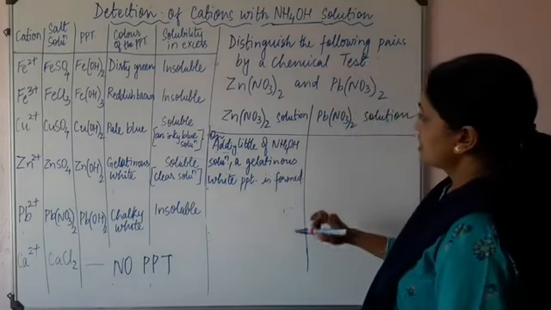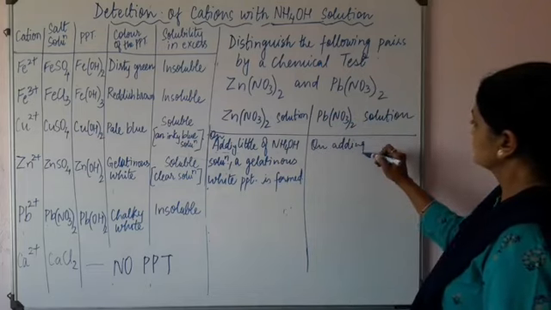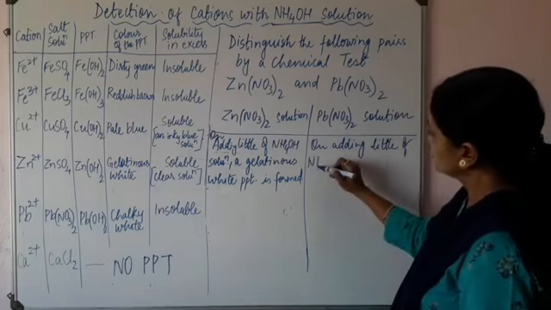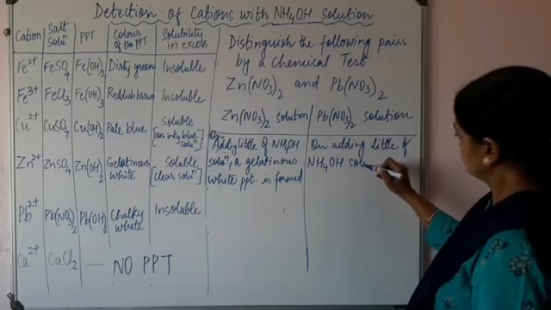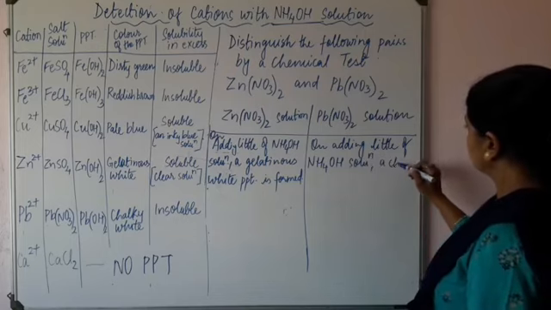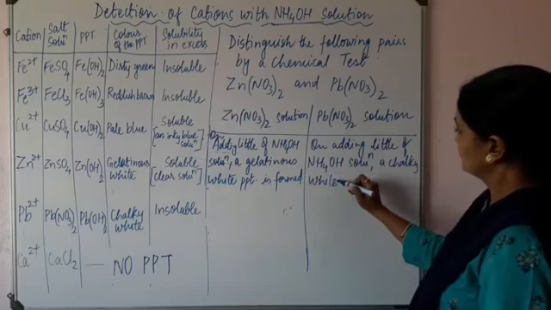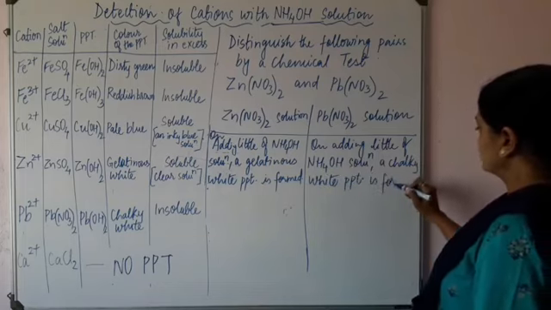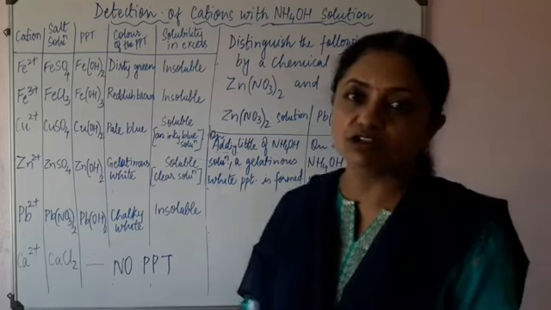Now here, on adding a little of NH4OH solution, a chalky white precipitate is formed. Now both of them are white precipitate, so you cannot distinguish between them just on the basis of this.